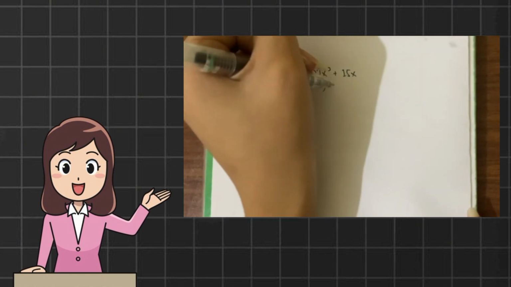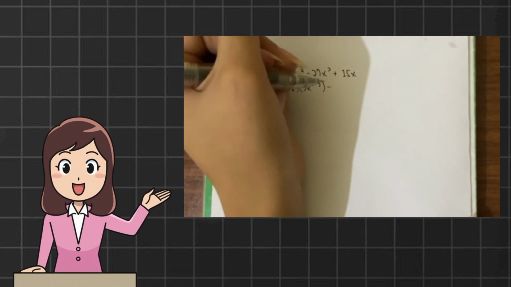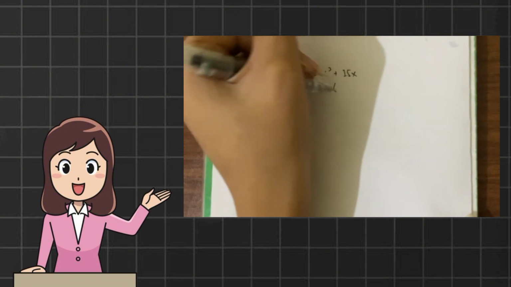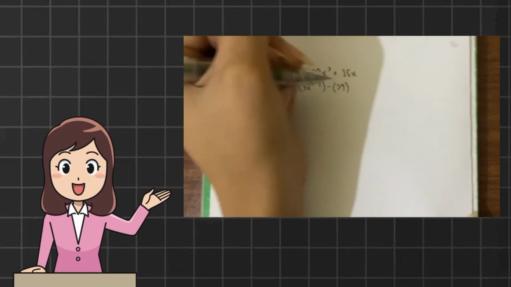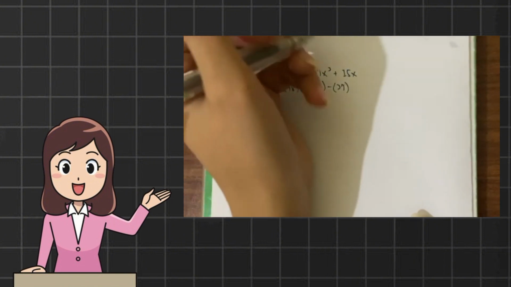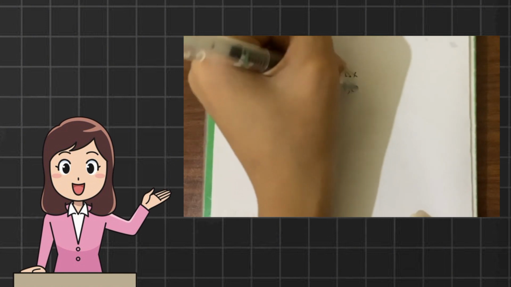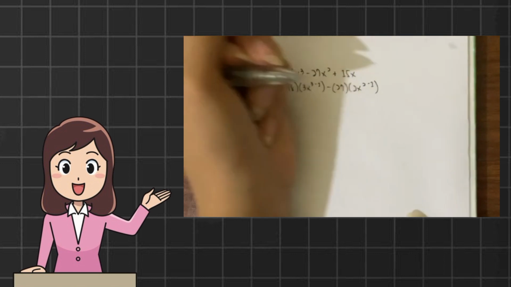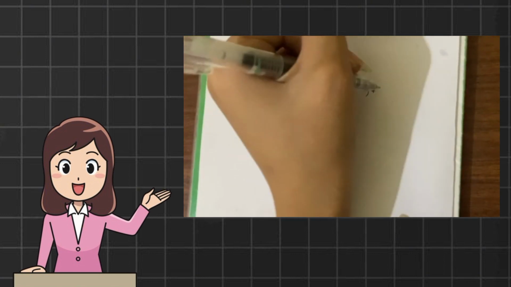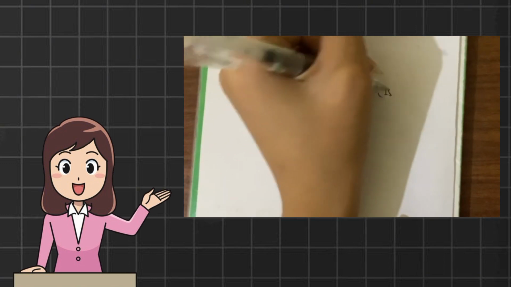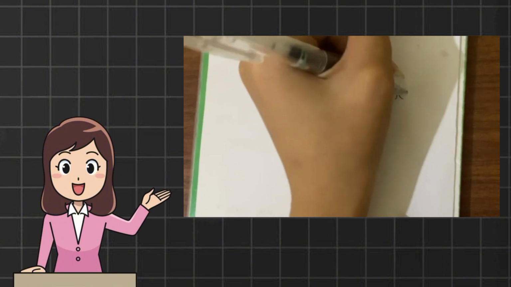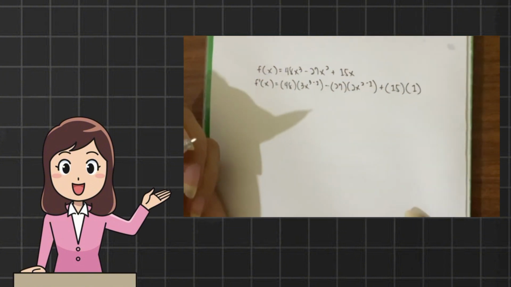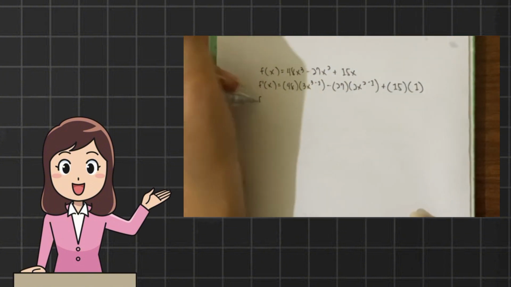Minus the constant times the derivative of the function. The derivative of x squared is 2x. Plus 15 times 1. Then simplify.